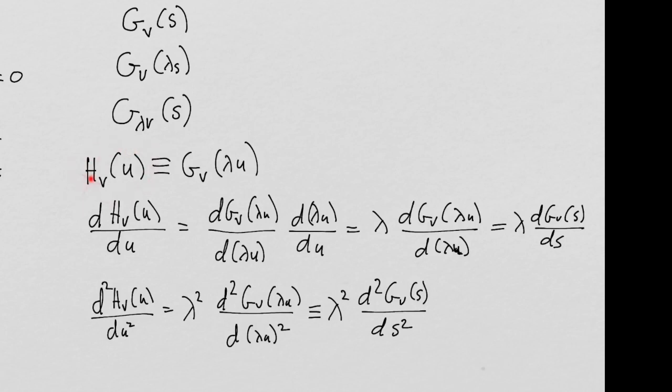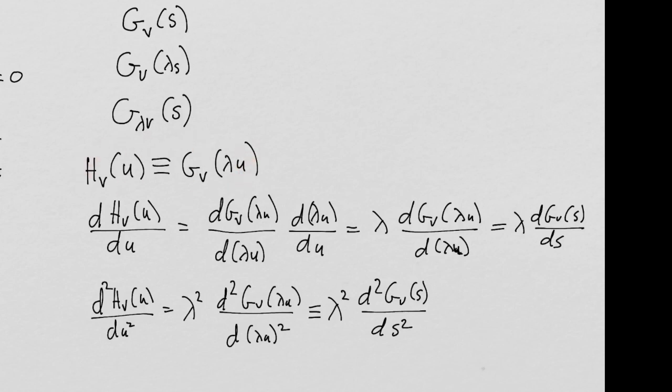So we just proceed as follows. We define a geodesic h with the initial vector v, parameterized by the variable u. We define it as what we would have gotten with g if we made its parameter some factor of u, lambda u. So this is being parameterized slightly differently, but we're defining this to be the same curve.